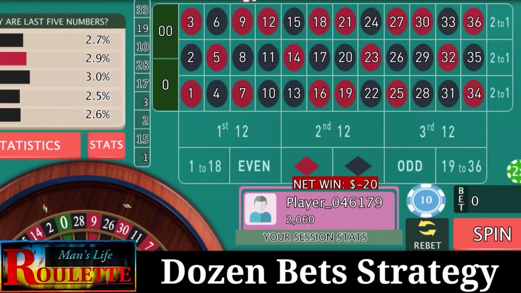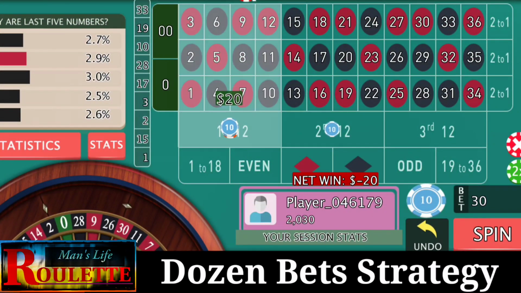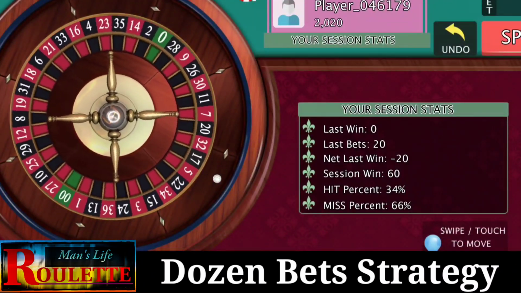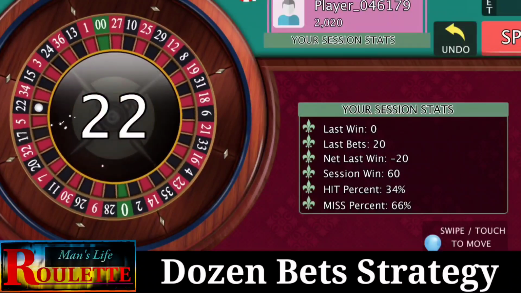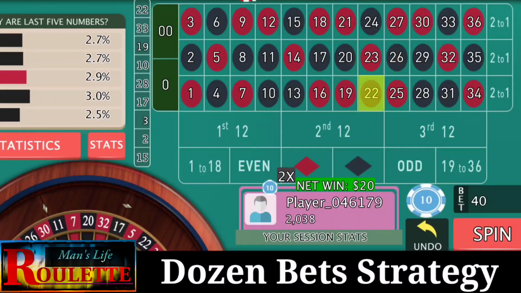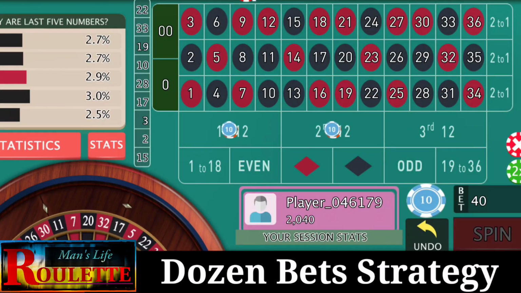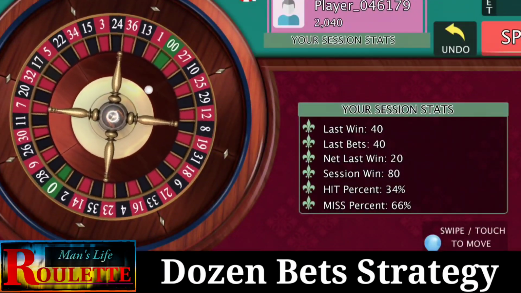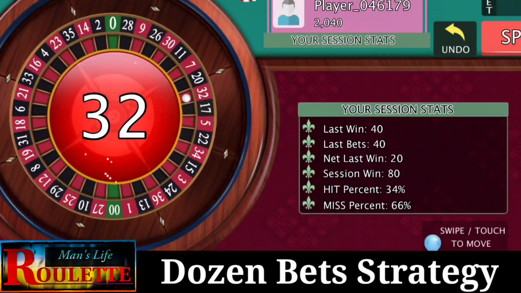So I lose over here, so again time to repeat and add extra $10 to both the positions. $22 this time, and it's a winning one, but still I haven't crossed the previous high on my bankroll, so just repeat and play. $32.